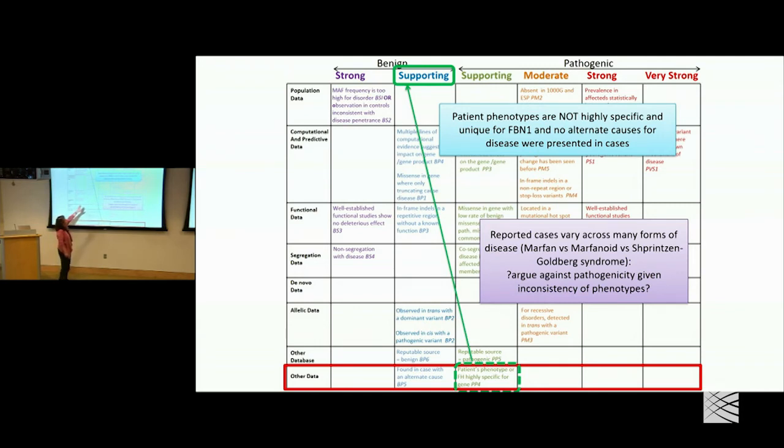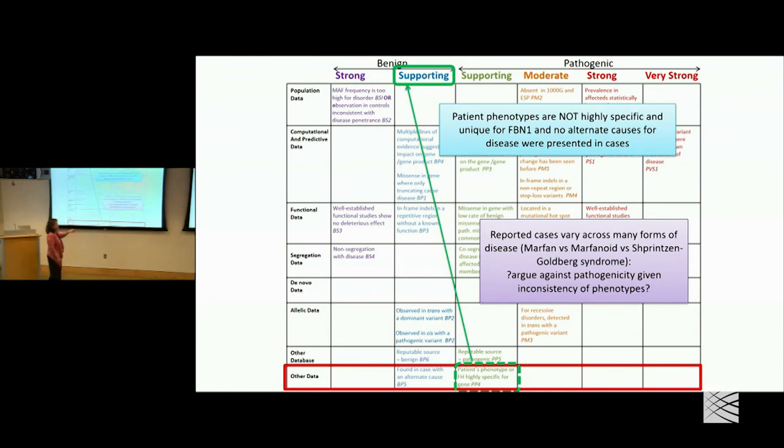the patient phenotype, the reported cases, it's actually interesting in this case. This is not a disorder where the phenotype is so highly specific for this gene that we would count that a lot. And in fact, in this case, the reported cases had such variation in phenotype that sometimes we use that as argument against pathogenicity, because a specific variant will likely have a similar phenotype for most disorders.